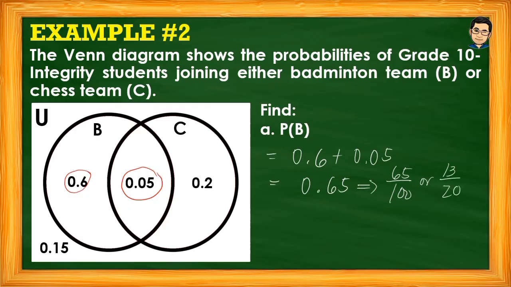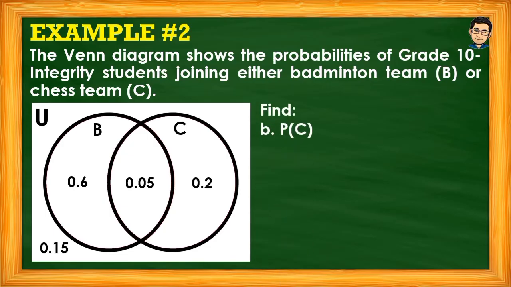The GCF is 5. And then 0.65, pwede rin po siya in percentage form. So mag-move lang tayo ng 2 decimal places to the right. So we'll have 65%. So ibig sabihin, 65%, ito yung probability na yung student member ng badminton team. So probability of the students joining badminton team.